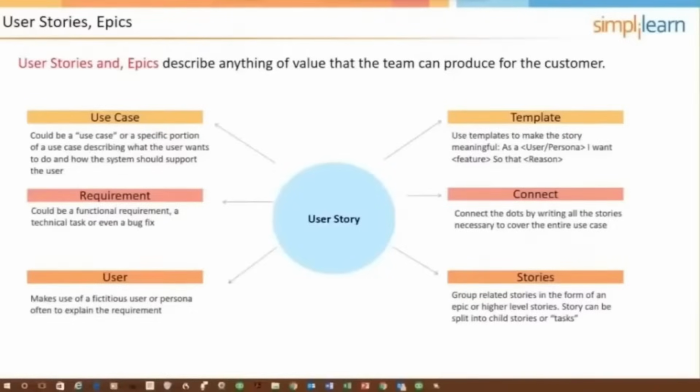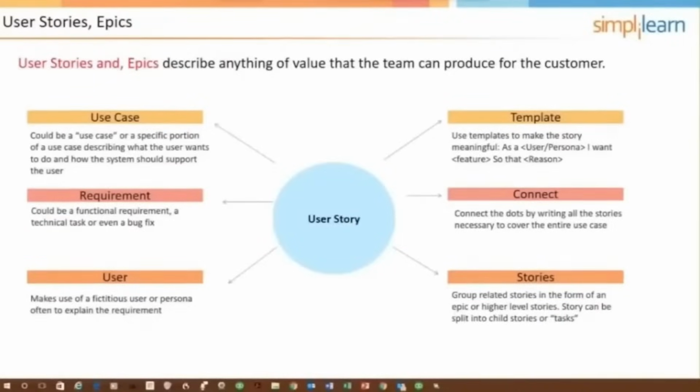Okay, so now back to our slide. At the top left, a use case could be an example of a user story. So it's something that the user wants to do and how the system should support it. Like a use case could be select and pay for items in a catalog.